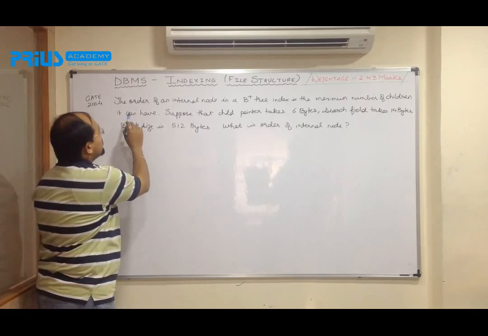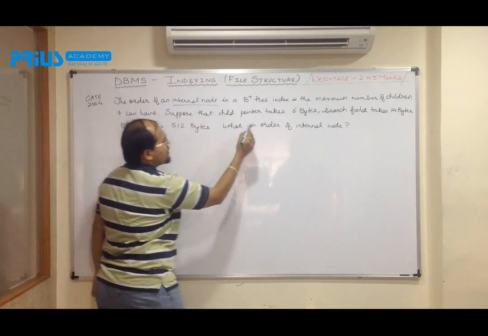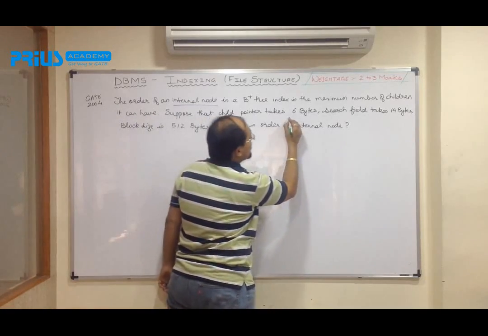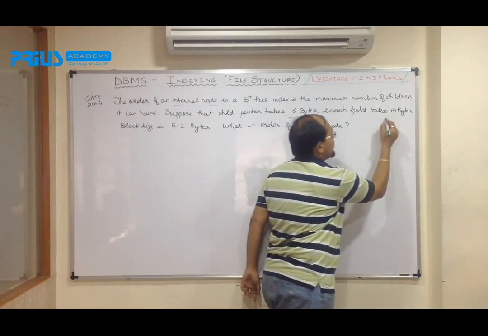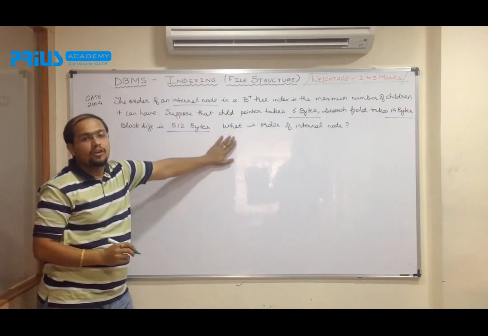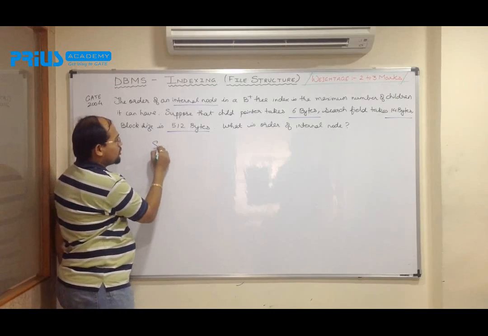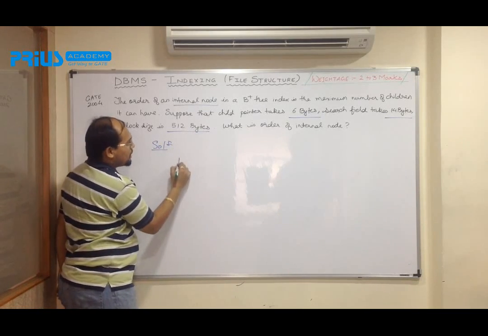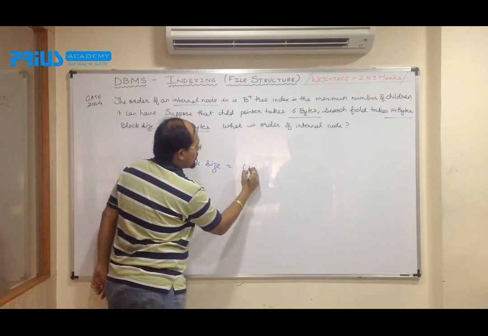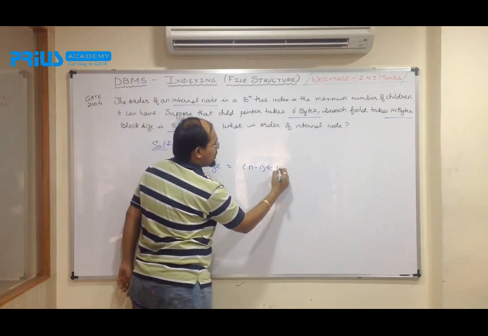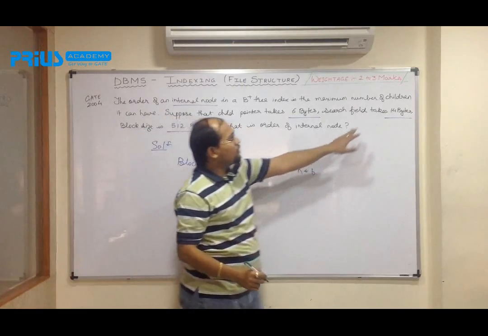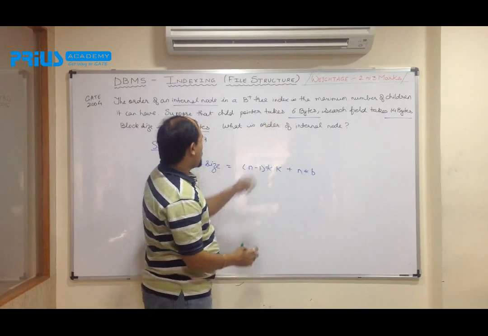GATE 2004 question, the order of an internal node is given, which is the maximum number of children it can have. Suppose that the child pointer takes 6 bytes, search field takes 14 bytes, and the block size is 512 bytes. You are asked to find the order of the internal node. So now the solution, we can directly use the formula. Block size is equal to (n minus 1) times your key value plus n times your block pointer. Your key value is nothing but your search field value, and b is the block pointer.